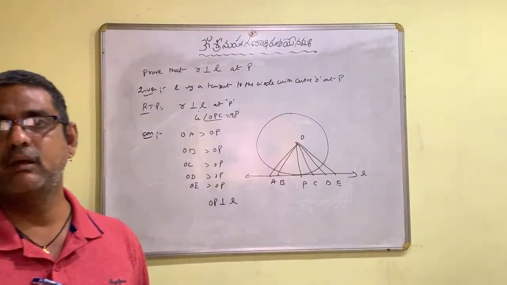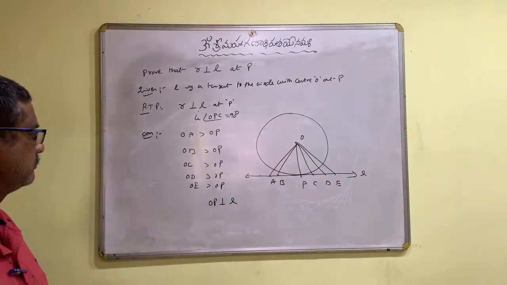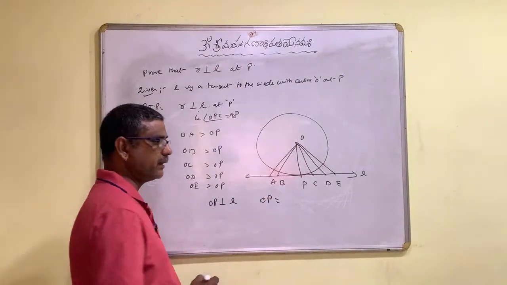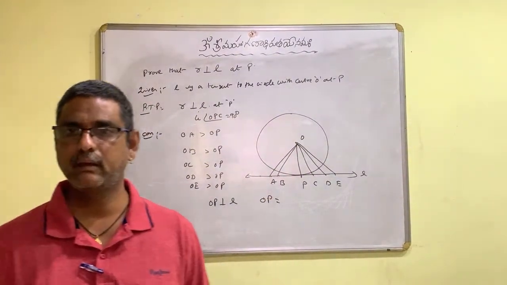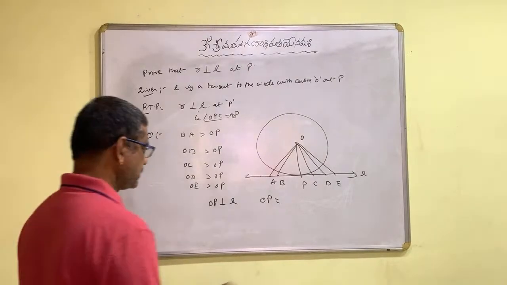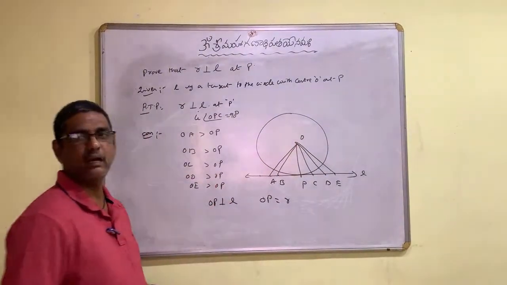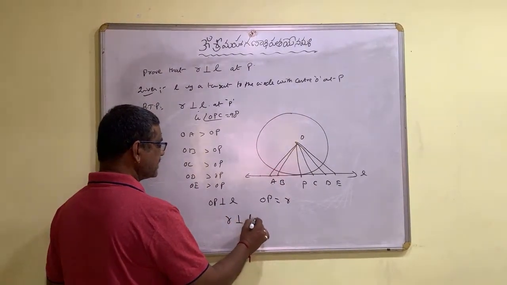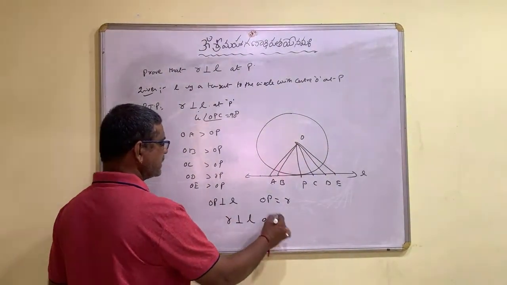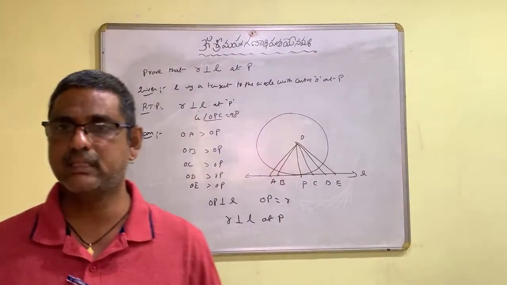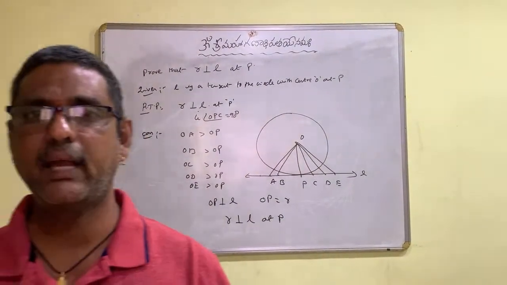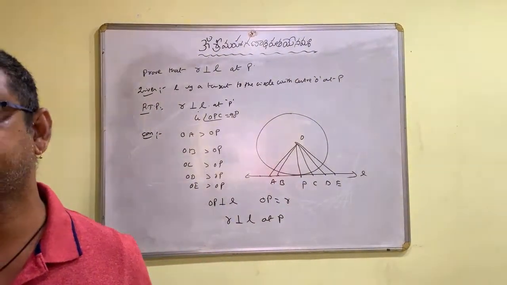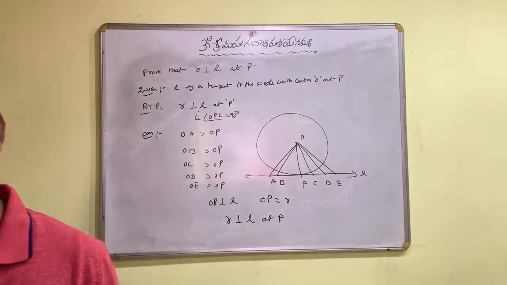OP is perpendicular to L. But what is OP? Radius. OP is radius. So radius is perpendicular to the tangent L at P. So this is theorem 1.